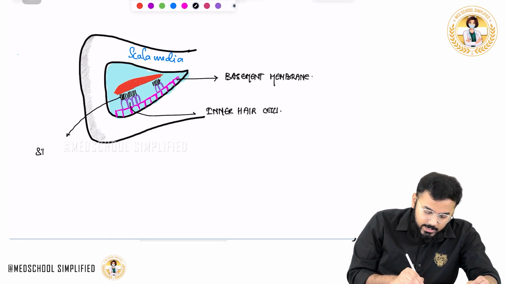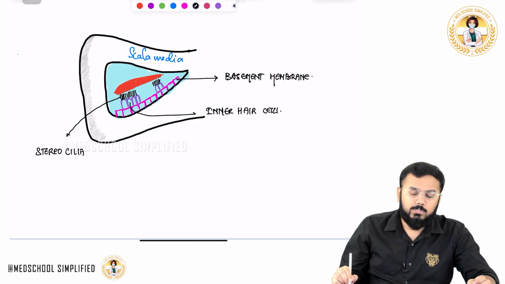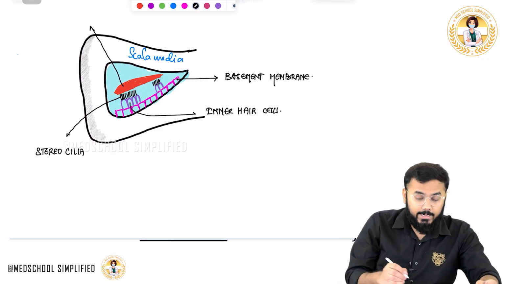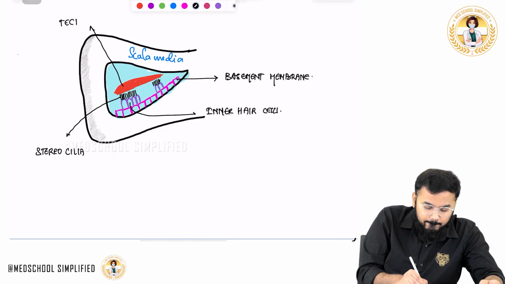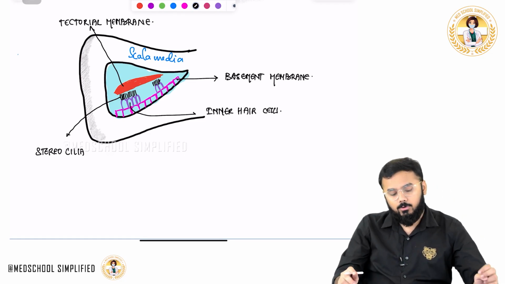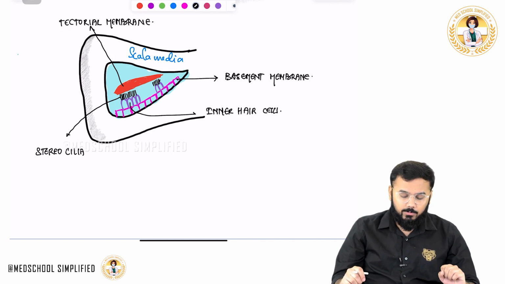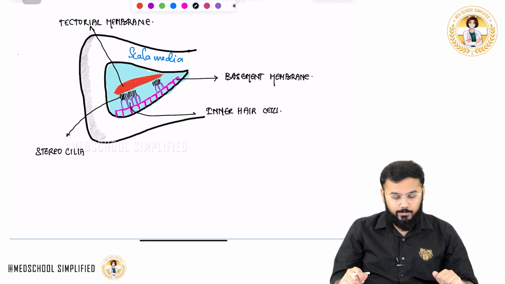These are called stereocilia. Next, this red color membrane you see is called the tectorial membrane. So what structures have you got? You have got the basement membrane, next inner hair cells, next stereocilia and the tectorial membrane, right?